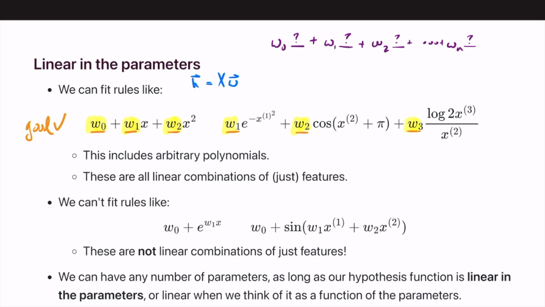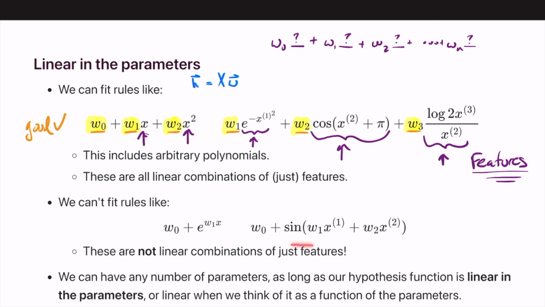If we look at our features, these would be like the question marks. So these features are arbitrary polynomials, but when it's set up in this way, we have linear combinations of our features with our weights, and that's just fine.